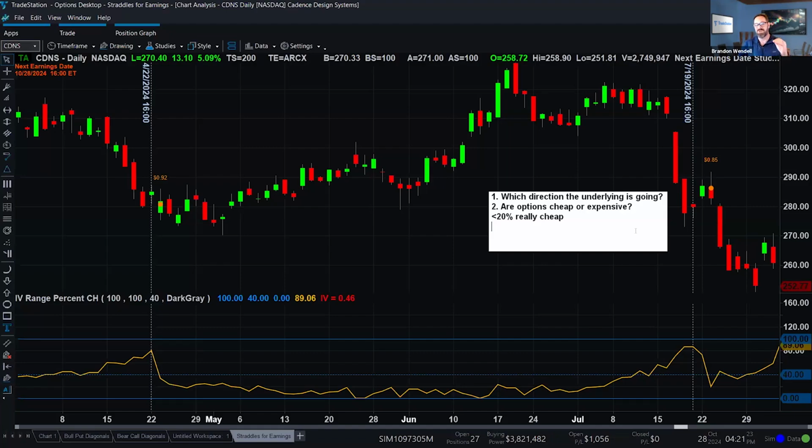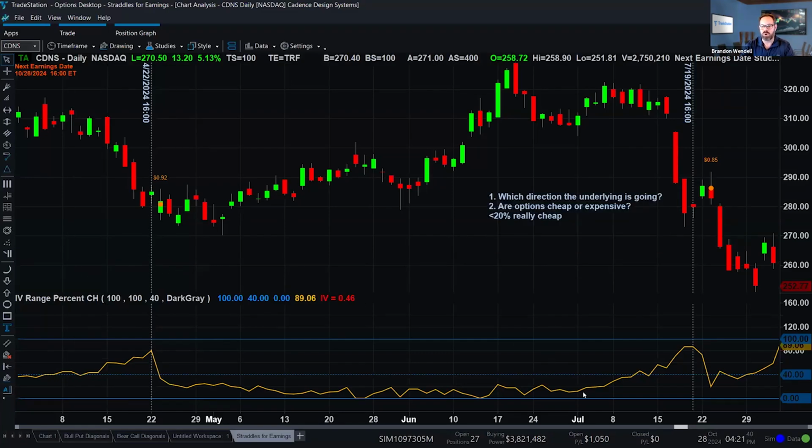Okay, it's not at 0. 20 can go down to 10. But typically, if implied volatility is extremely low, it's more likely to go up than it is to go down. Again, it could go down as well. But you notice, for instance, on the CDNS, if I go back before earnings, look at this. About a month before earnings are released, look where implied volatility is.